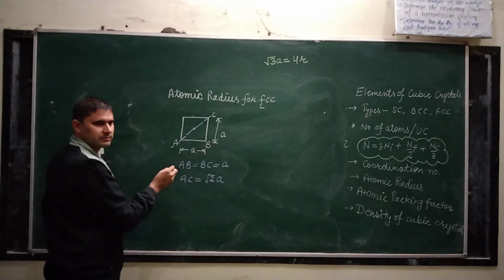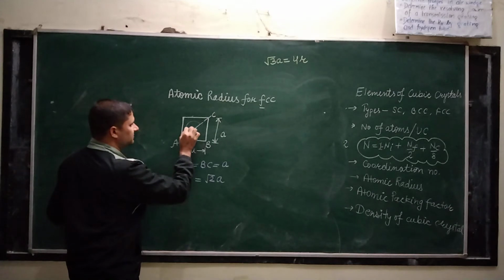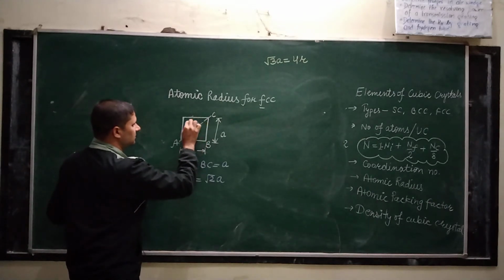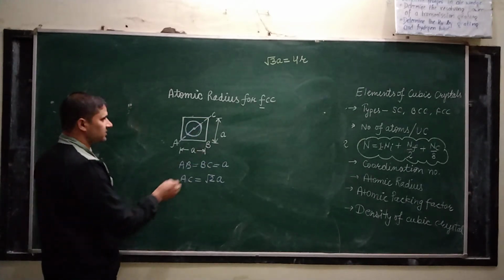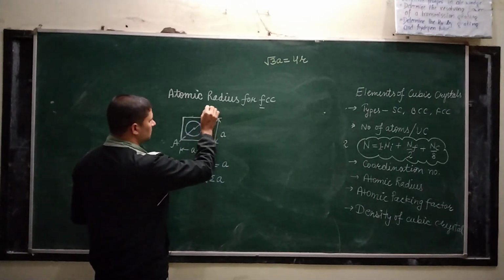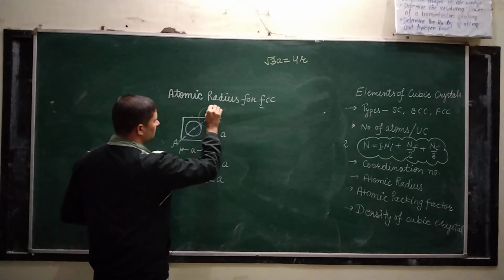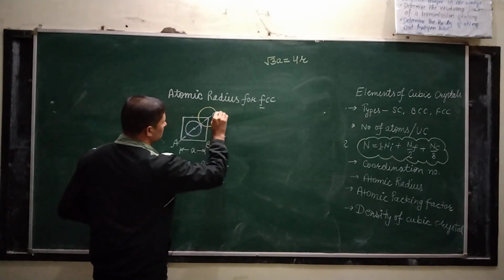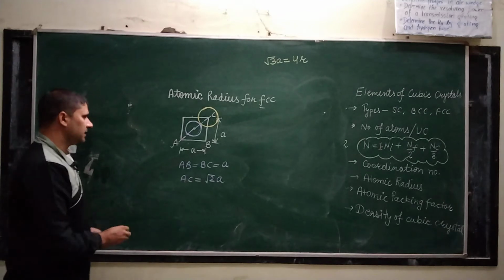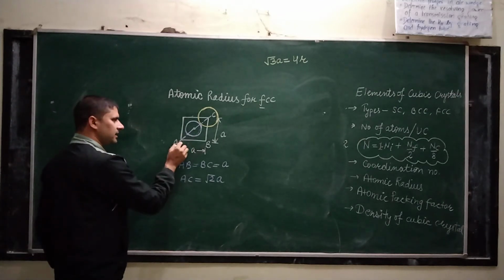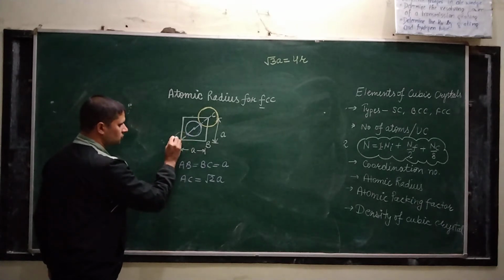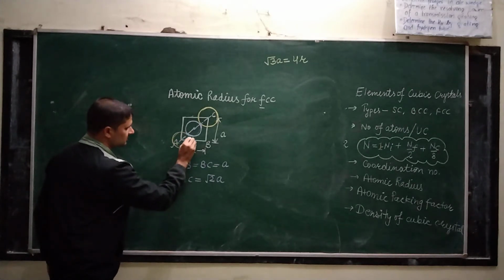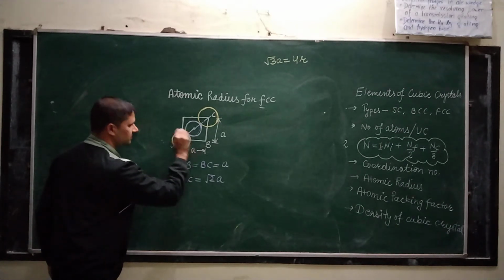This is the center of the face, so one particle is present here. I am putting the particle. Now another particle is present at this corner, so I am making this particle in yellow color. Another particle is present at the other corner.